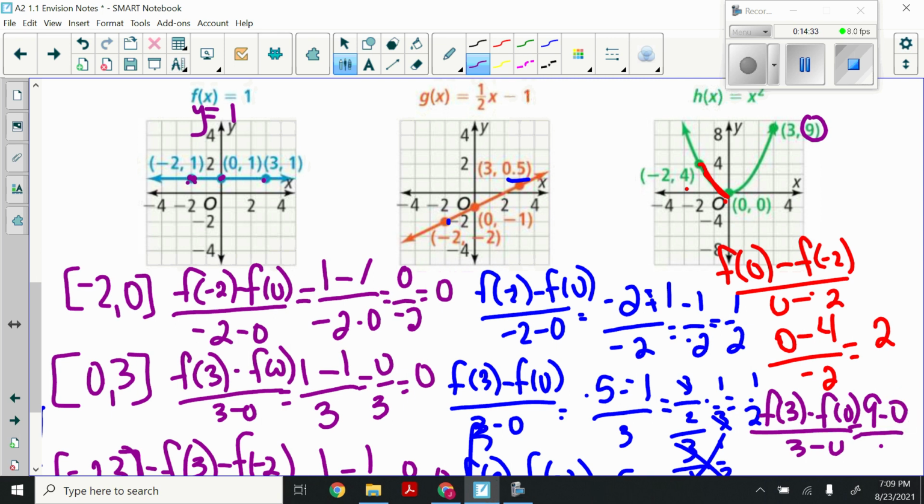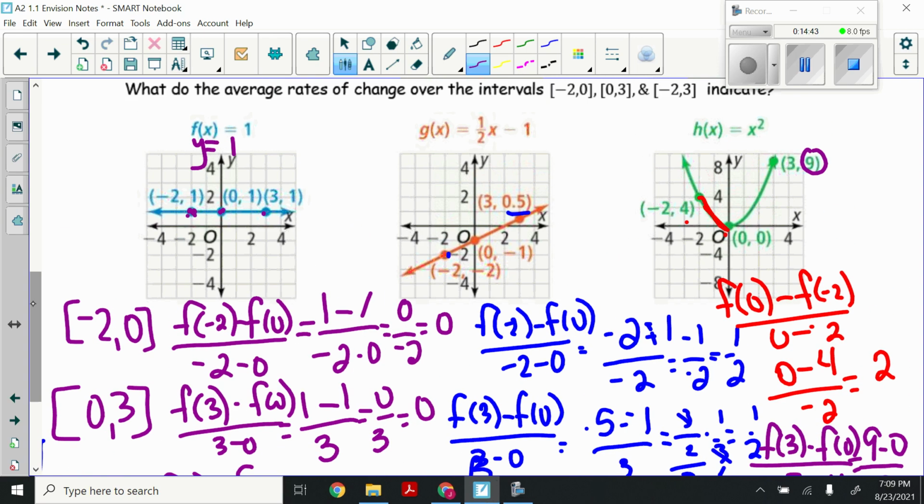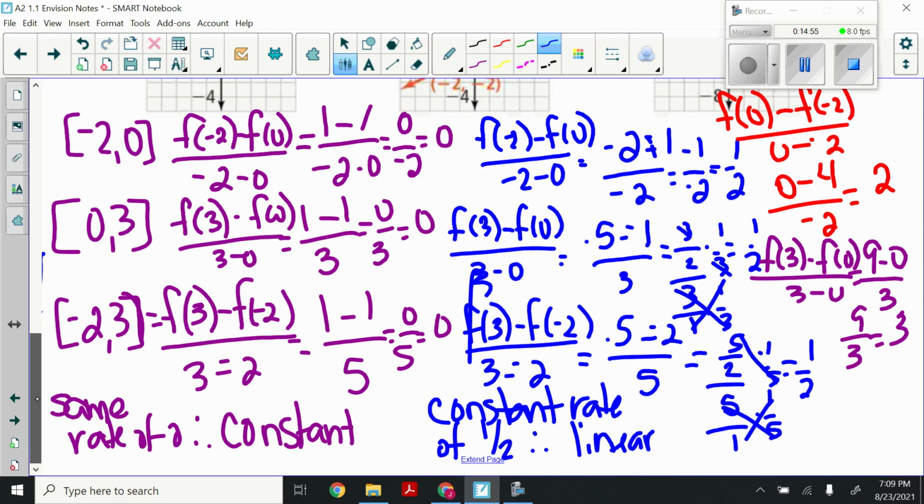Over 3 minus 0 is 3. So on top, 9 minus 0 is 9, divided by 3 is 3. So on the interval of 0 to 3 of this parabola, the slope of that part of my parabola is 3.